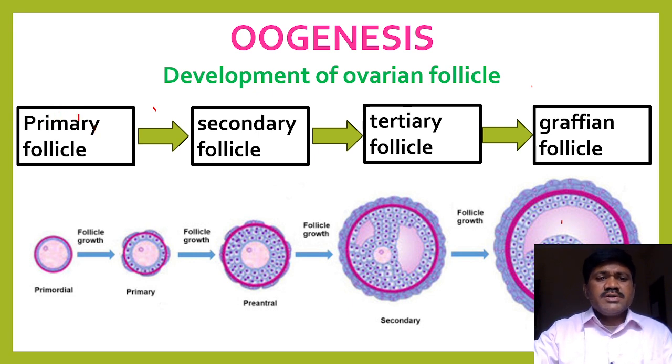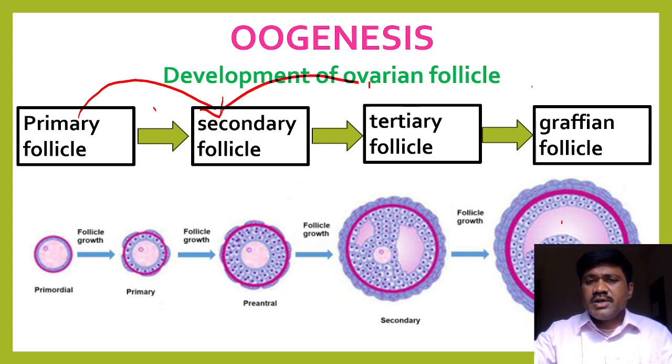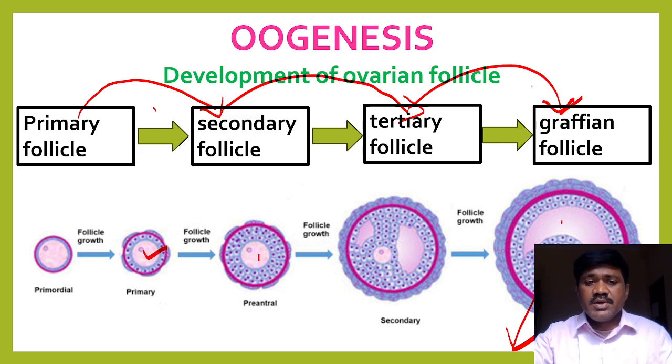Now what happens? When puberty is attained, primary follicles slowly start maturing: they develop into secondary follicles, mature into tertiary follicles, and mature into Graafian follicles. In the primary follicle what is present? Primary oocyte. In the secondary follicle? Primary oocyte. In the tertiary follicle?